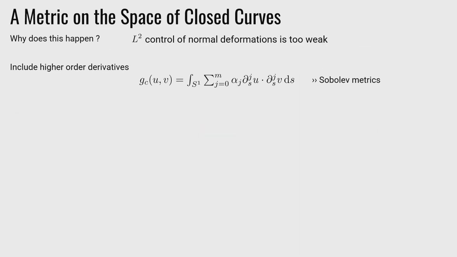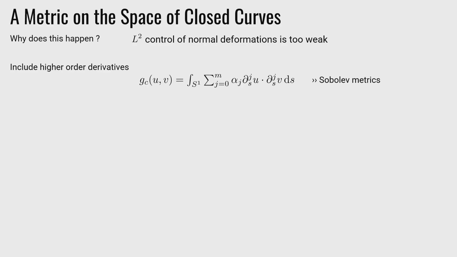And what you can do is a usual technique that you also use if you solve other optimization problems. If you have the feeling that they are not well defined or your results are not regular enough, you usually add higher order terms. This is the same here. So instead of only considering the L2 metric, you also add higher derivatives.